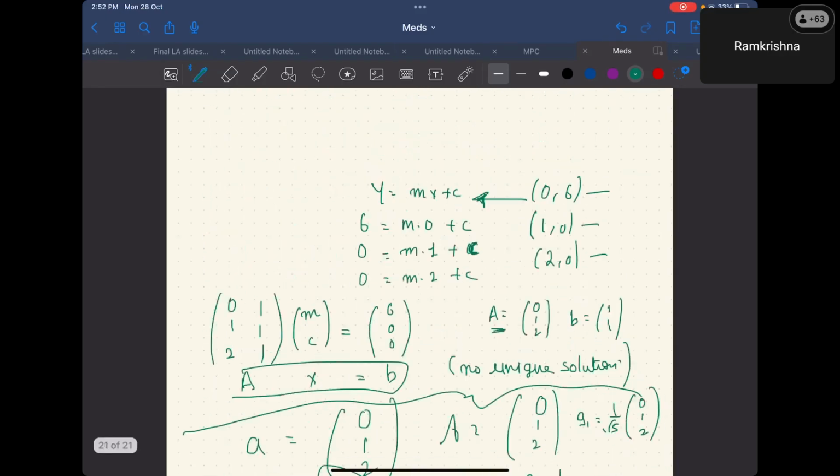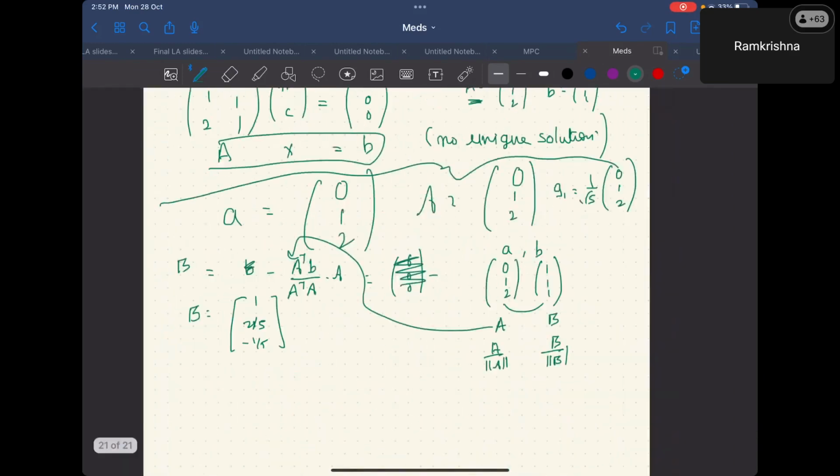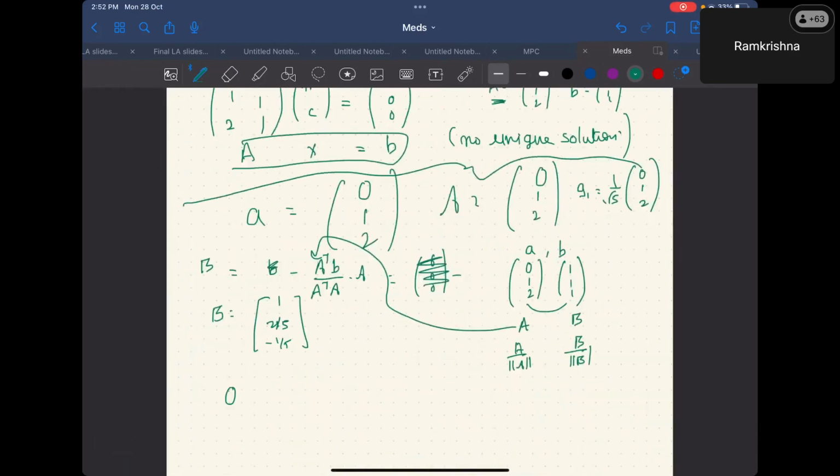Okay, with a little effort, we can find that the capital Q will be 0, 1, 0, minus 0.44. So here will be 0 and 0. This will be minus 0.89.